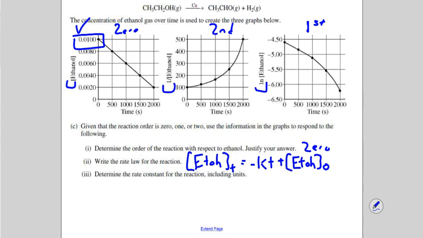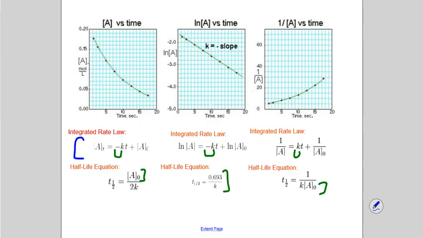If we were talking about first order, we would already know what the y-intercept was: it would be the natural log of the initial concentration, about negative 4.6 or so, so it would replace this entire thing.